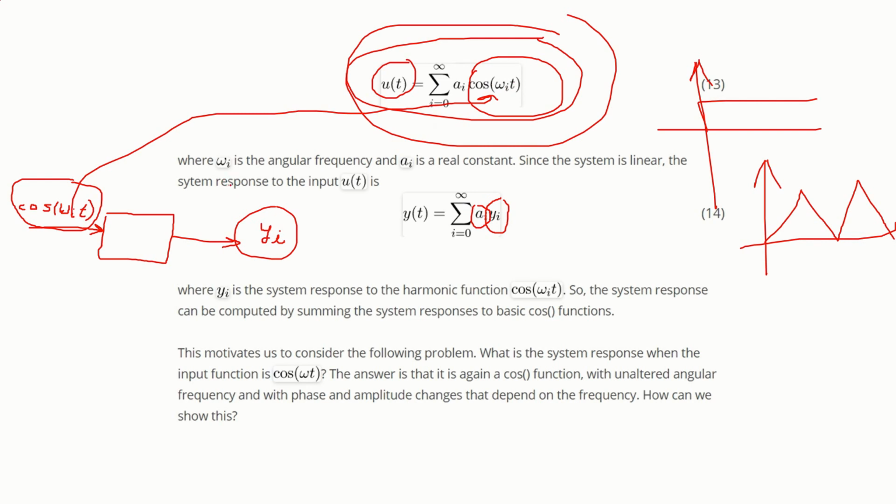And this fact motivates us to ask the following question. What is the system response to a cosinus omega_i t? Why is this important?